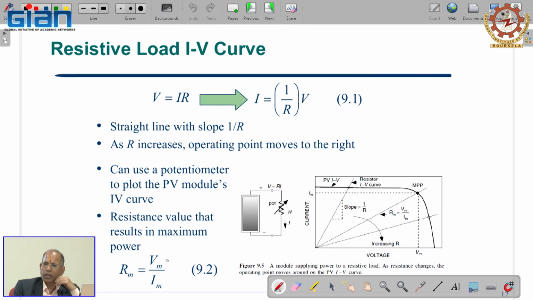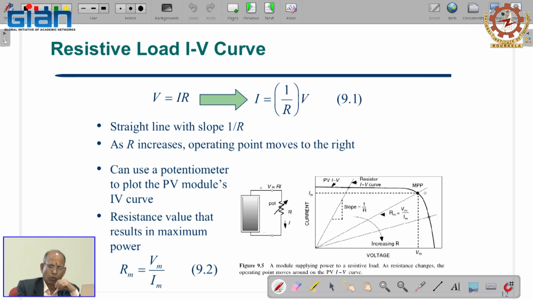When we want to extract the maximum power from the PV, the value of this resistance corresponding to maximum power will be with voltage Vm and current Im.